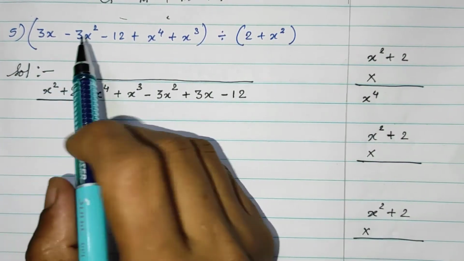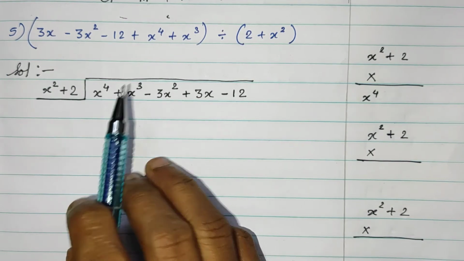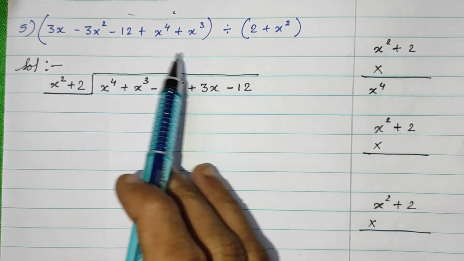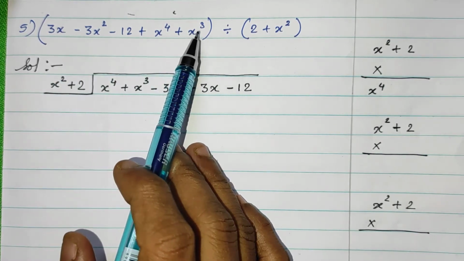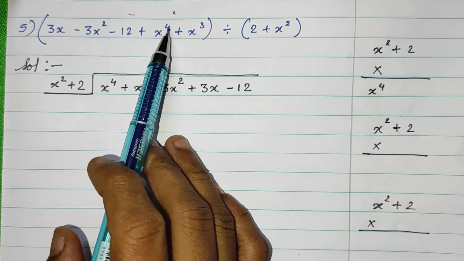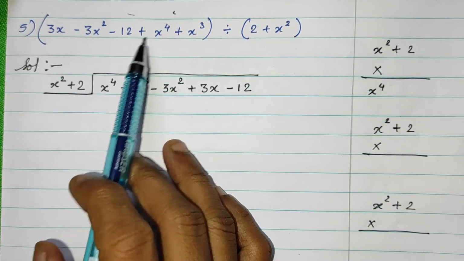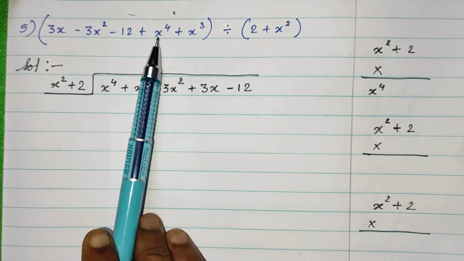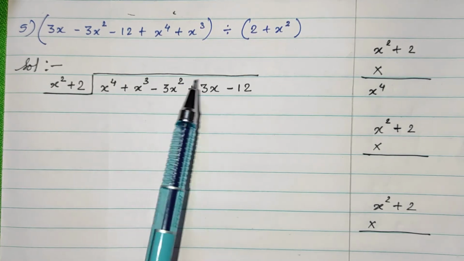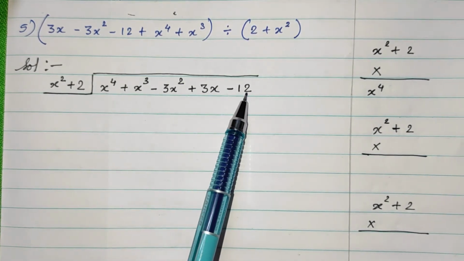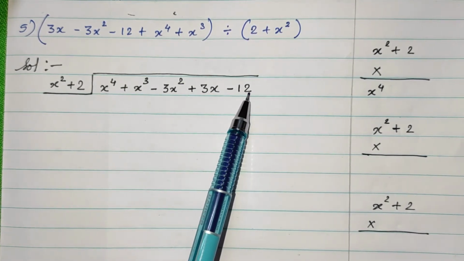Fifth sum. Okay, now if you see the question carefully, these terms are not arranged in correct order. So we have to arrange them in descending order. See, the fourth power first, then third power, then square, then 1 and then the natural number.